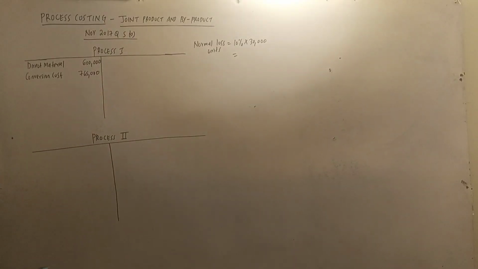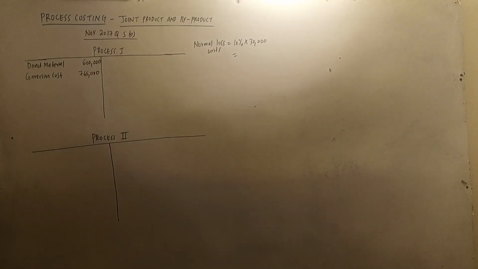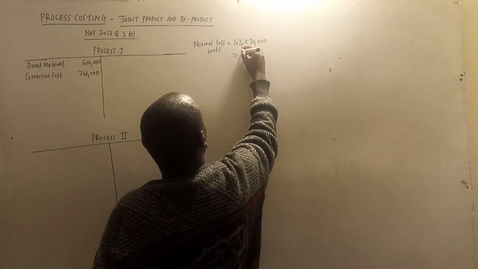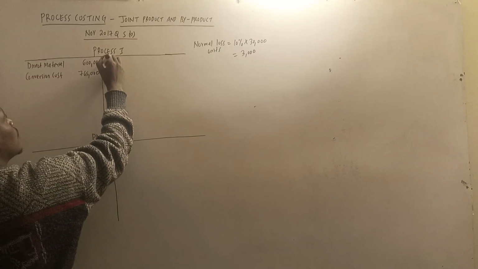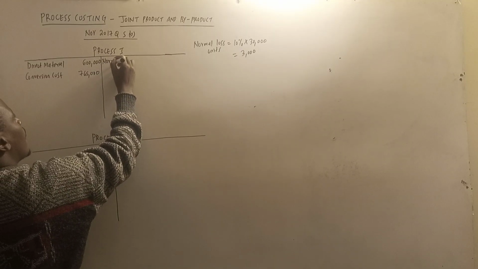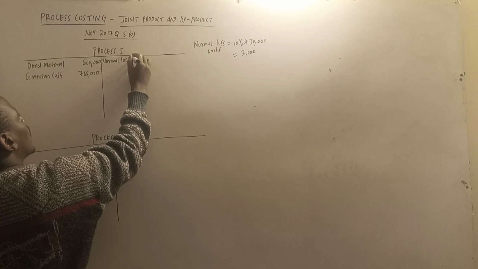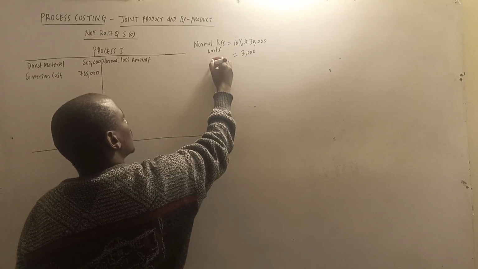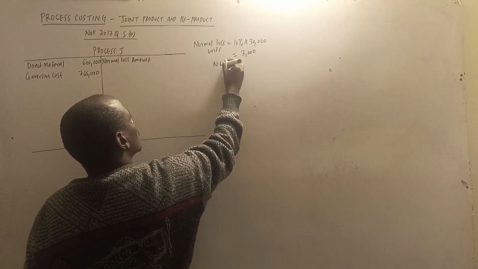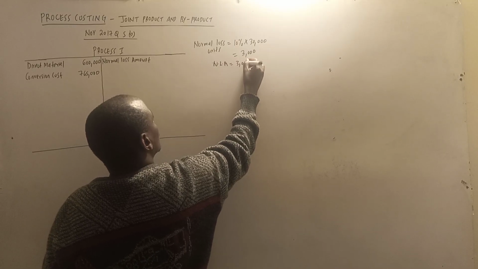So 10% of that is 3,000. So that is our normal loss, the normal loss units are 3,000.